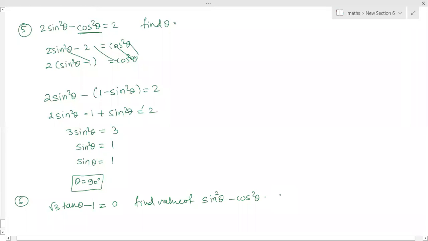Root 3 tan theta minus 1 is equal to 0. Find the value of sine square theta minus cos square theta.